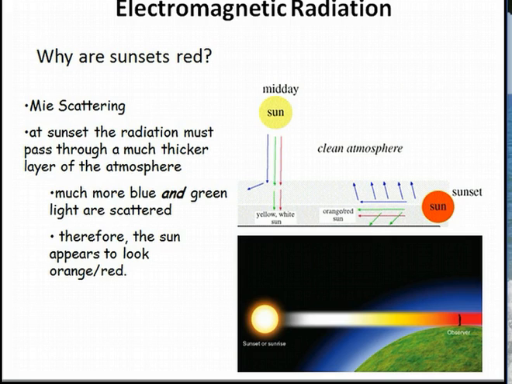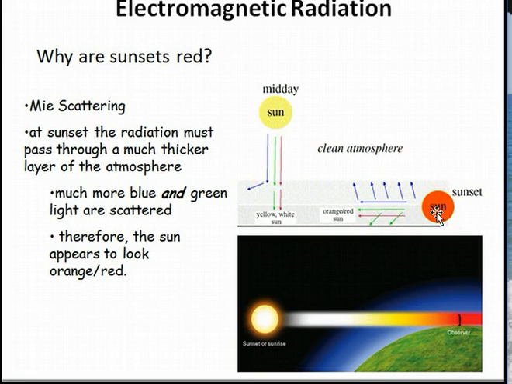So as an example, back to another common high school science question, why are sunsets red? Again, you could have just answered Mie scattering, because essentially what happens as the sun starts to sink down towards the horizon is that those rays of sunlight, to get to you, now have to pass through much more atmosphere before they reach your eyes. So imagine you're standing over here, and here's the sun all the way down on the horizon.